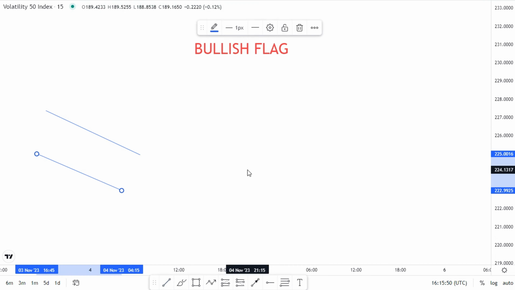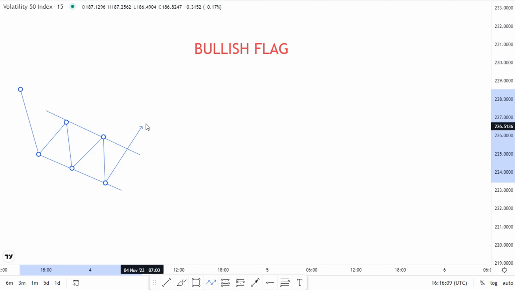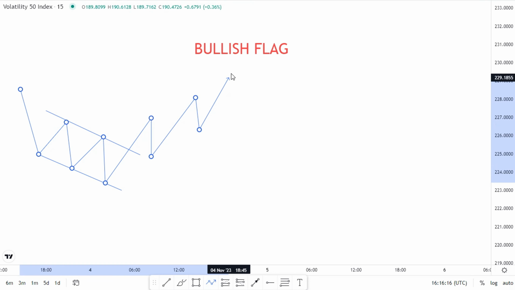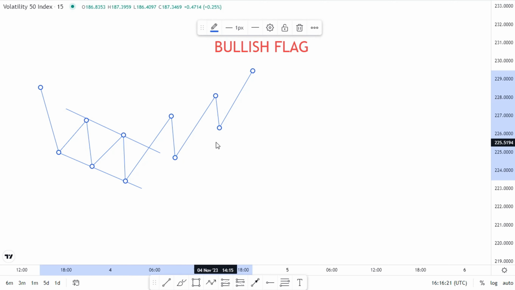We have this thing like a flag here, and it's a trend. So we have this market pushing and tapping all around this trend, moving downwards on a bearish momentum, and it breaks around these areas. So we have something like this, then this. So this is what we call a bullish flag pattern.